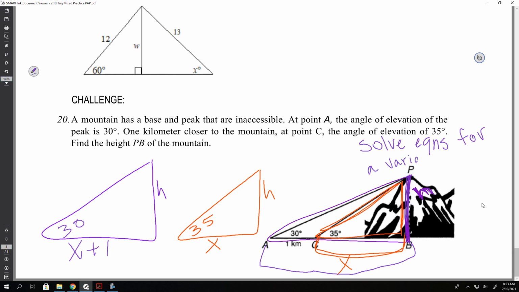Solve the equations for a variable, and then set them equal. And then once you know the one variable, you're going to plug it in, and then you can figure out the other one.